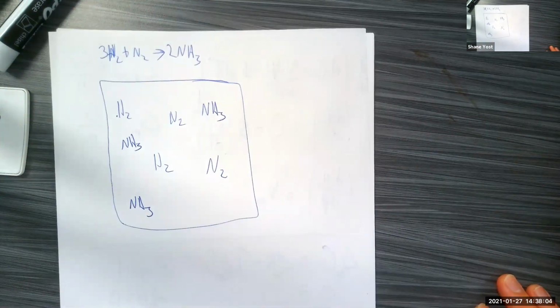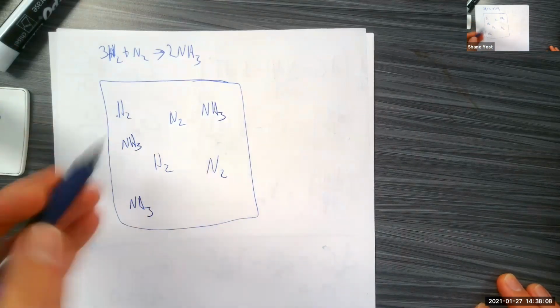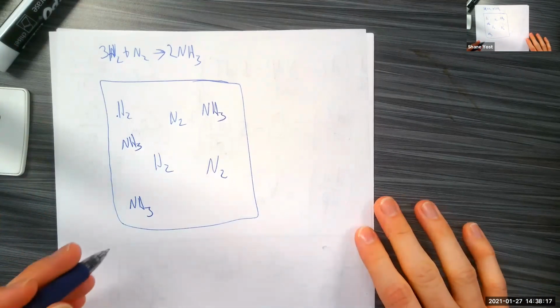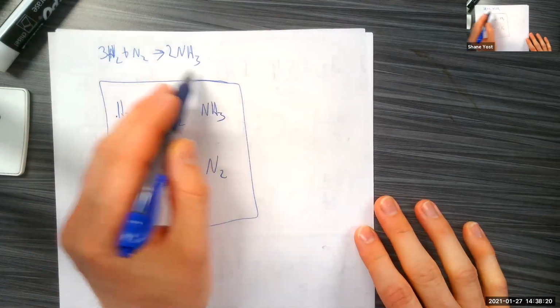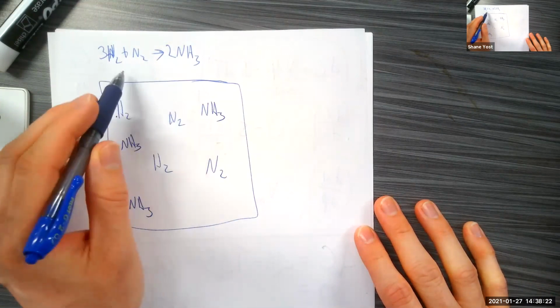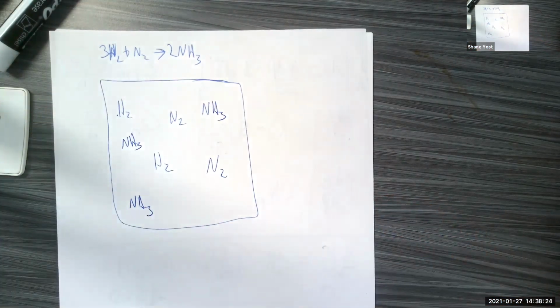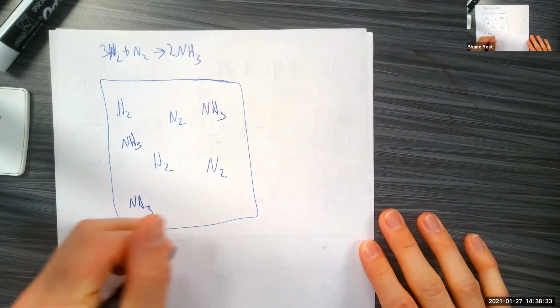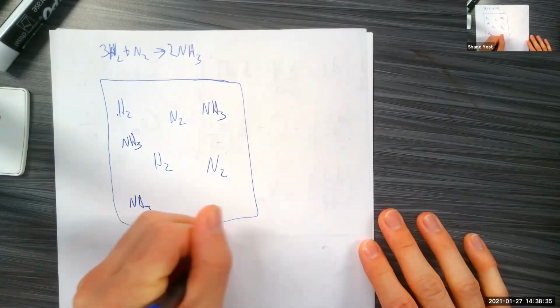Now, if this reaction is taking place in a closed container like this, just based off of entropy, I don't want to have all NH3 or all H2 and N2, because entropy favors more disorder, more different things.